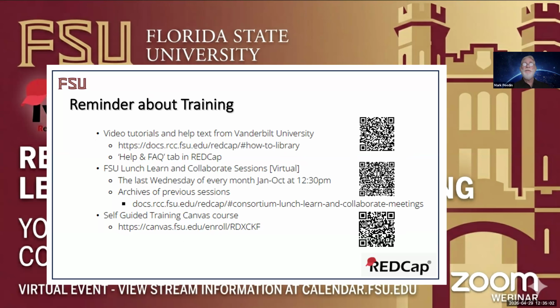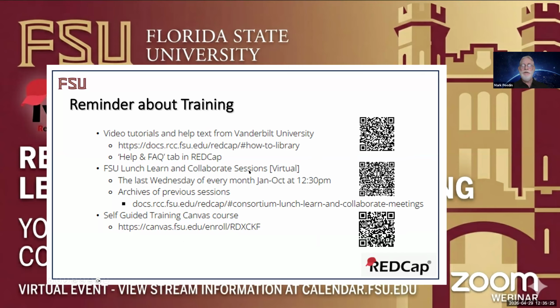Also, I would remind everybody of the trainings that we have available. The link is here regarding the tutorials that are from Vanderbilt themselves. QR code, if you want to grab it now, it certainly will come your way in the email after this meeting, as well as in the chat at the end of this meeting.